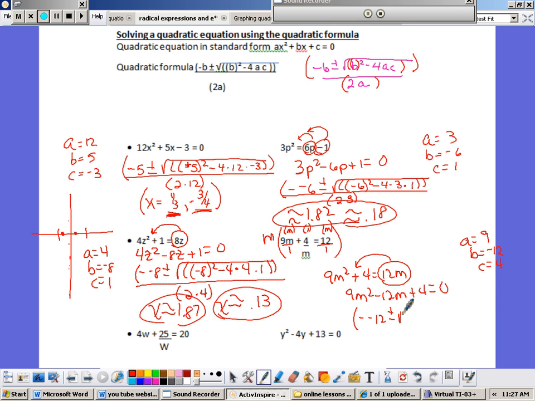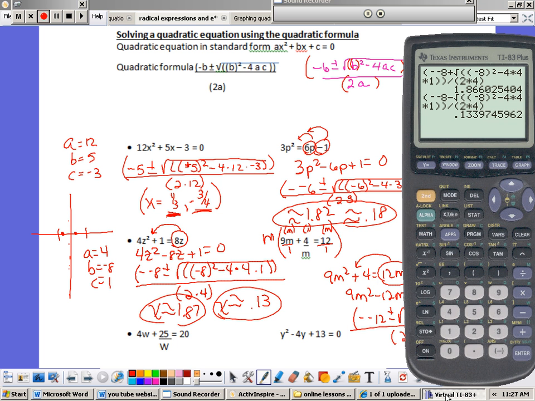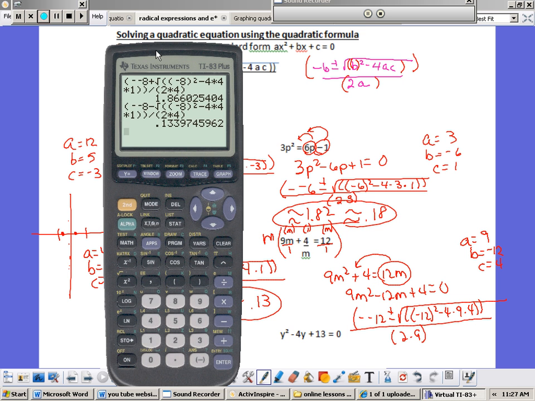Negative 12 plus or minus the square root of negative 12 squared minus 4 times 9 times 4, all over 2 times 9. Negative 12 plus the square root of negative 12 squared minus 4 times 9 times 4, divided by 2 times 9.